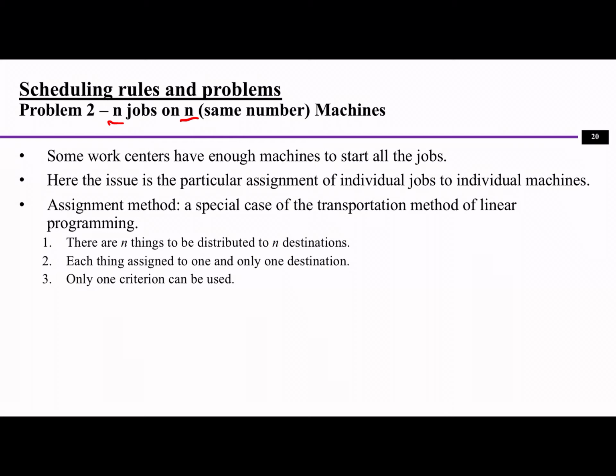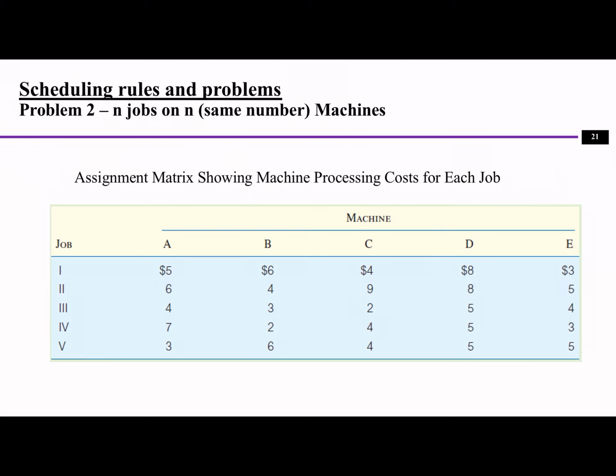For n jobs on n machines, usually we use a matrix to solve this problem. For example, we have n jobs, jobs 1, 2, 3, 4, 5, but also n machines A, B, C, D, E. We need to find one combination, right?